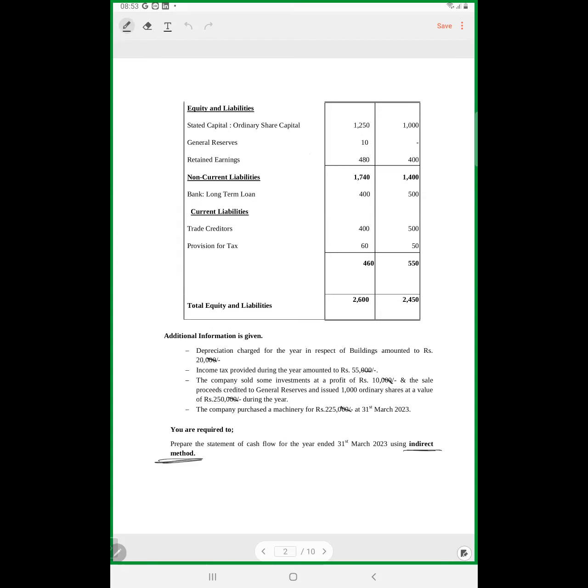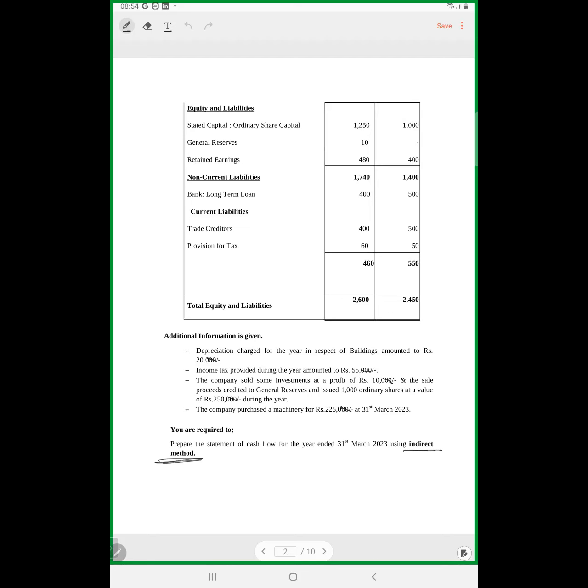Let's quickly. Profit and loss statement, yes. You are correct. How do we calculate the profit and loss? It's good, I appreciate you. First we prepare the income.